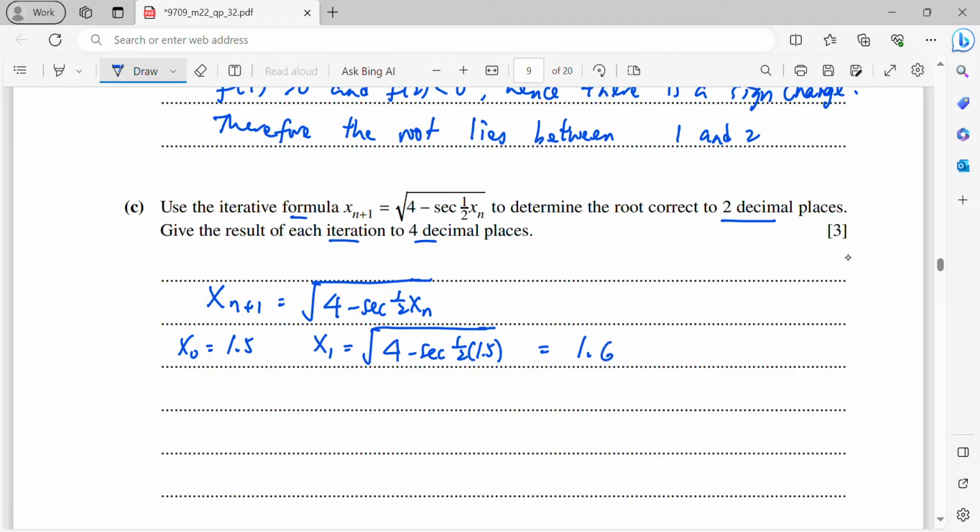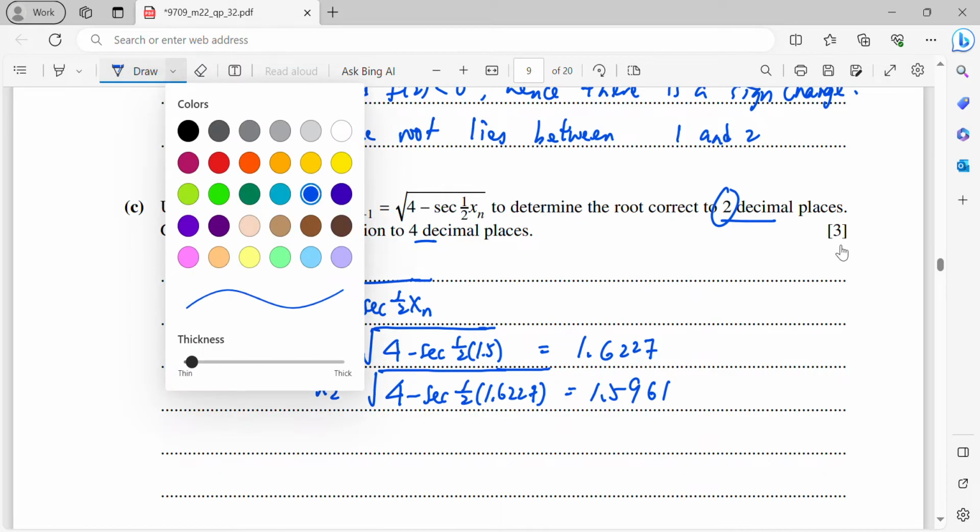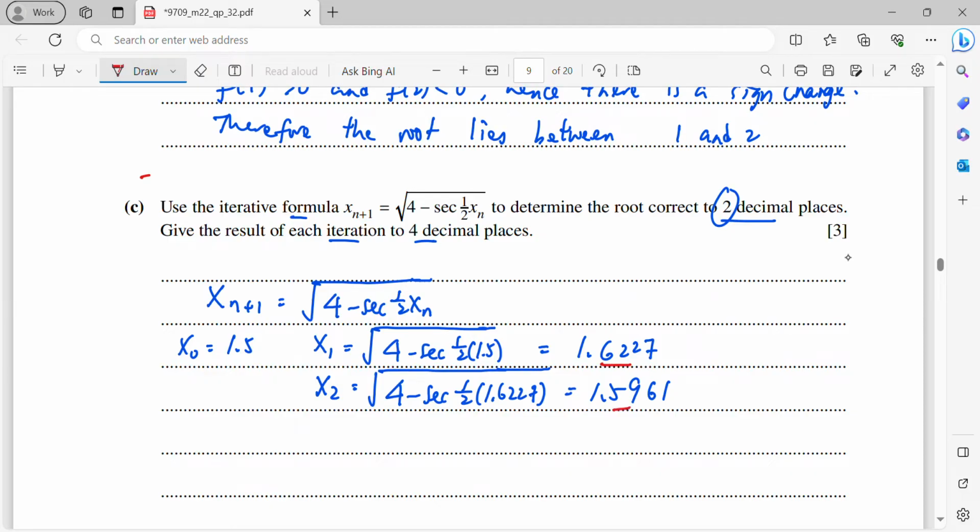Here I will get 1.6227. When to stop? Make sure you get two same decimal places. So now x2 is the square root of 4 minus sec of 1.6227/2. Then this is going to be 1.5961. When you compare, they are not the same. This is 62, this is 59.